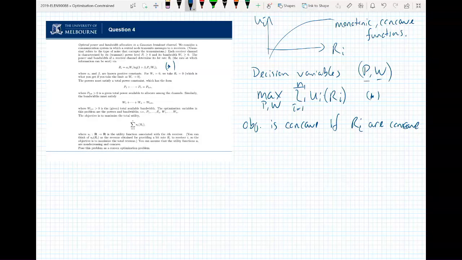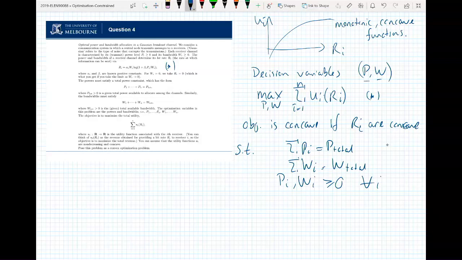So then what would be the constraints? Subject to, obviously we have the sum of Pi equals P total, and the sum of Wi equals W total, and then Pi, Wi greater than or equal to 0 for all i, right? And that's it. So this is your convex optimization problem.